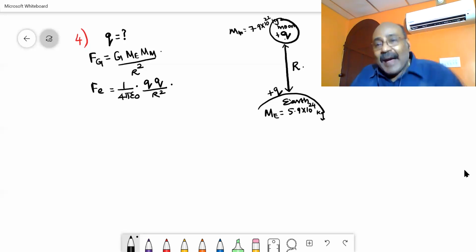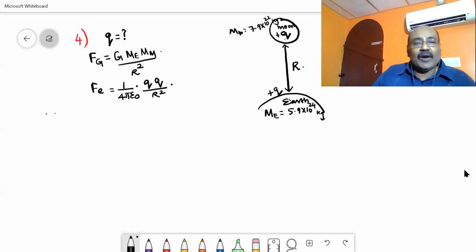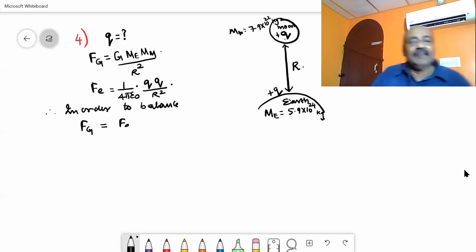In order to balance the gravitational attraction, we should have another force which is equal and opposite, which is the electrostatic force. So in order to balance, I can say F of g is equal to F of E. What is the value of F of g?